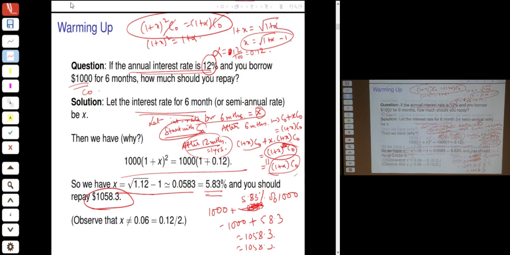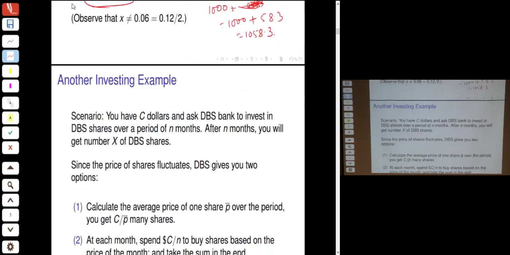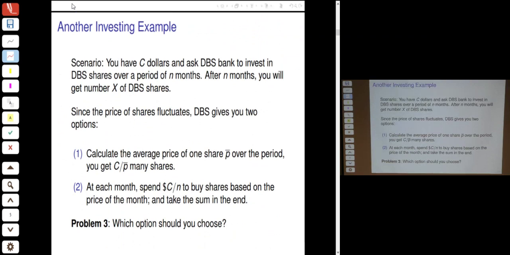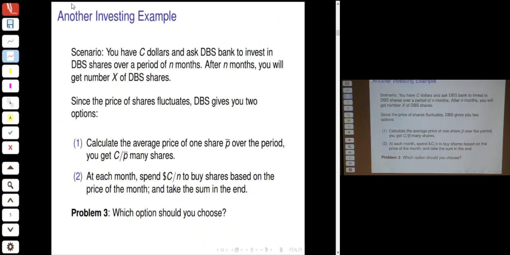Okay. So, let us continue with another investing example. So, you have C dollars and ask DBS to invest in DBS shares for a period of n months, and after n months you will get a number x of DBS shares.